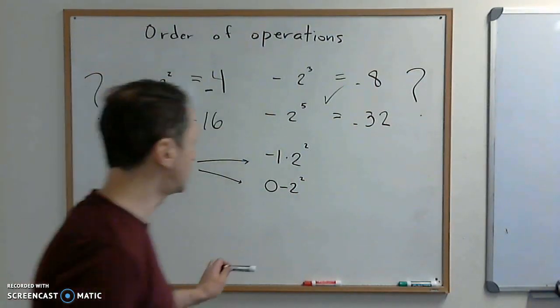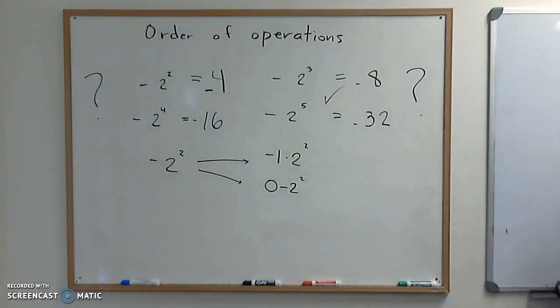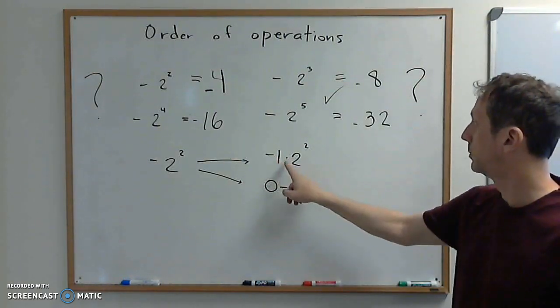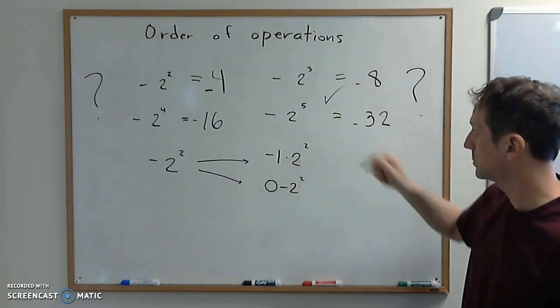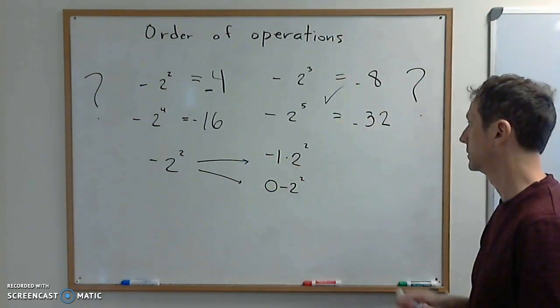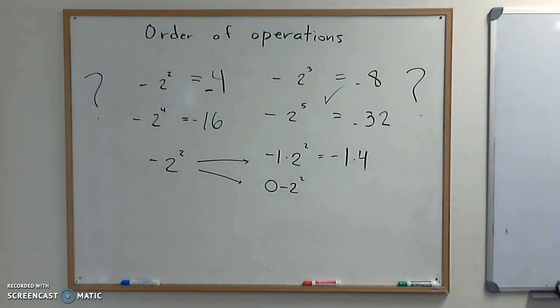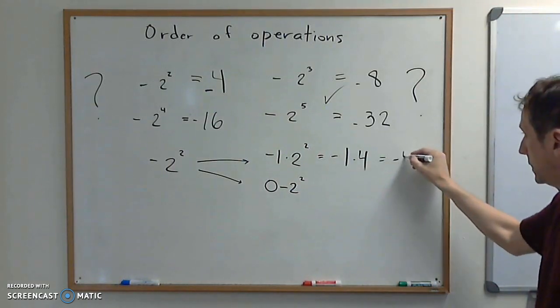So that turns it into a true arithmetic problem where you're operating with 2 numbers together. So let's take a look at this one. We see a multiply and an exponent. Which one gets executed first? The exponent. So that tells us it's the same as -1 times 4, which is -4.